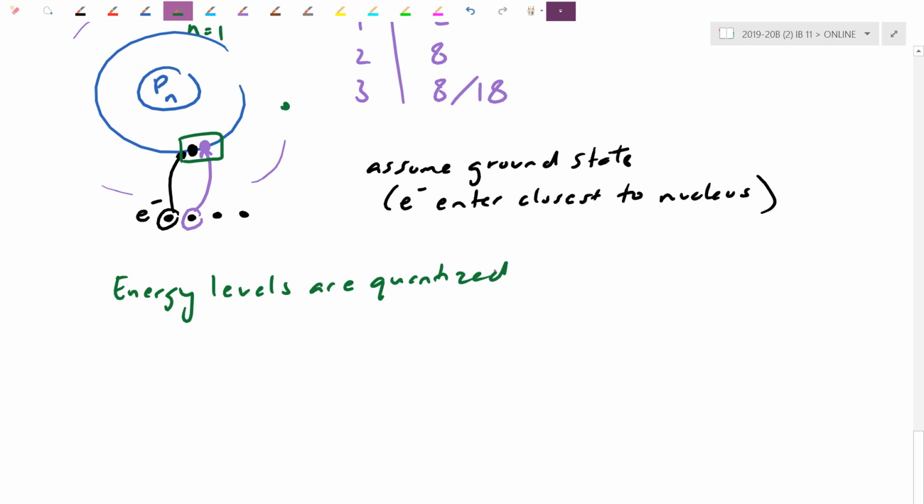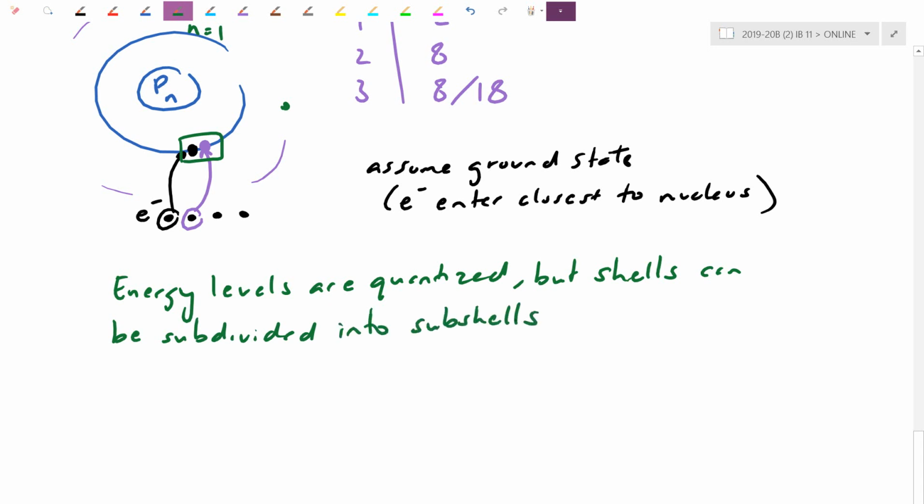But here's the first modification we're going to make: these shells, these n values, n is 1, n is 2 for the different orbits, the shells can be subdivided into what are called subshells.